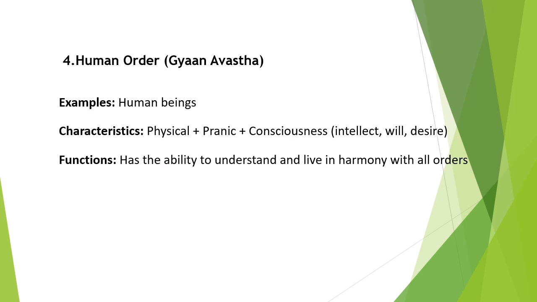Fourth, human order. Human order refers to living beings that have a physical body, life, and full consciousness and the ability to think, understand, imagine, and make value-based decisions.